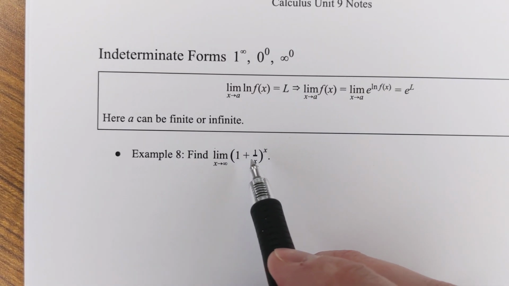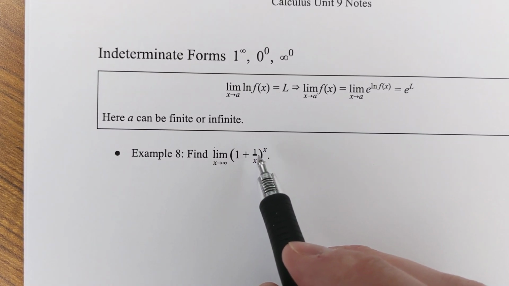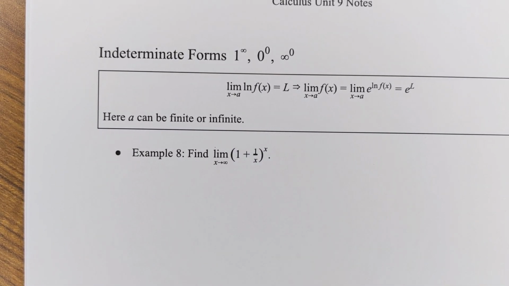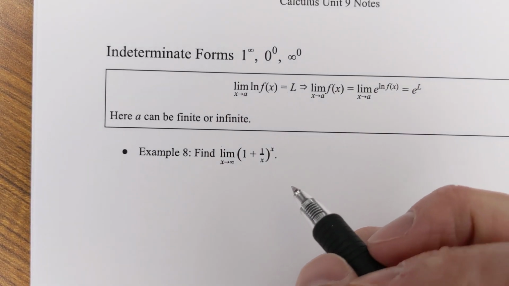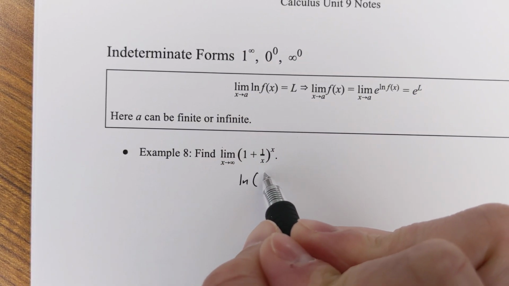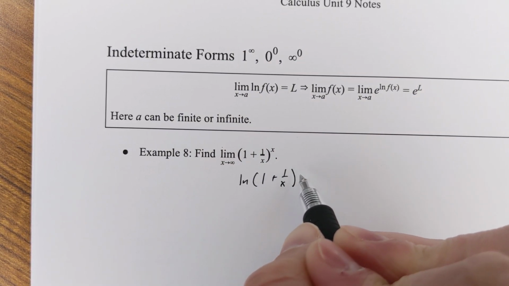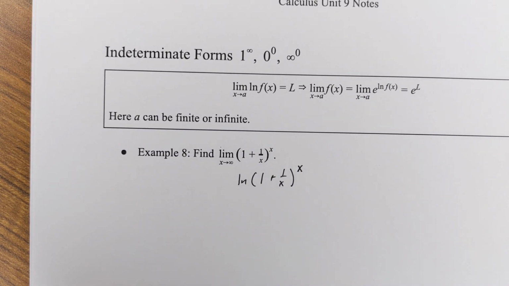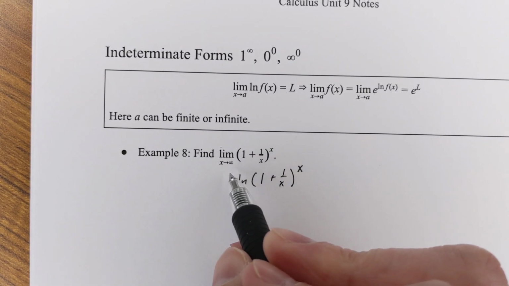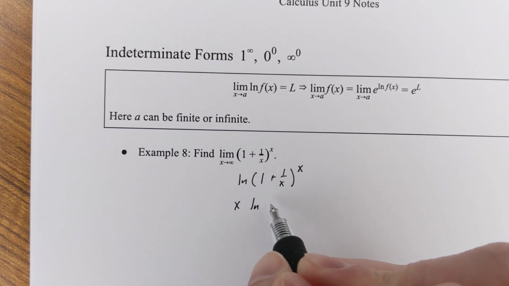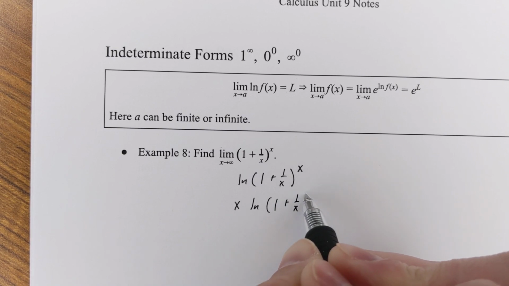So I'm going to take the natural log of 1 plus 1 over x, to the x. Because I have a natural log, this exponent can come out front: x ln(1 plus 1 over x).